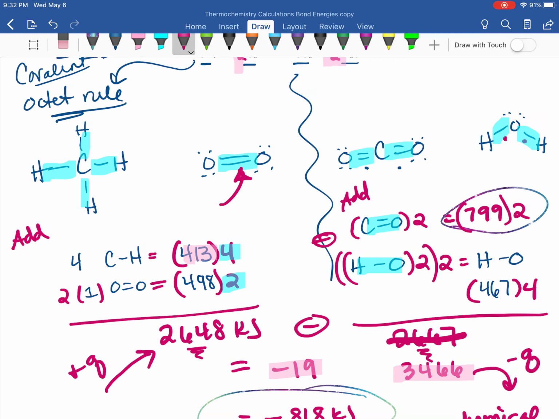They literally tell you, wow, that's really hard to break, because that's almost 500 kilojoules of energy you've got to put in to break an oxygen molecule. Carbon dioxide is very stable. Look at how much energy you'd have to put in just to break up carbon dioxide.